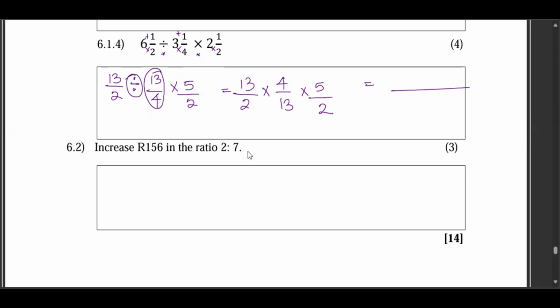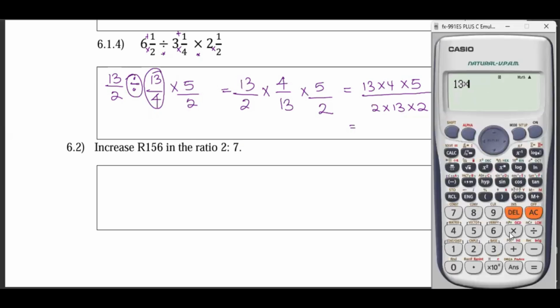So since it's multiplication, we multiply the numerators alone and multiply the denominators alone. So simply meaning, we are going to say 2 times 13 times 2, which is 13 times 4 times 5. So on top, what we end up having, come with the calculator here, 13 times 4 times 5. You have 260.